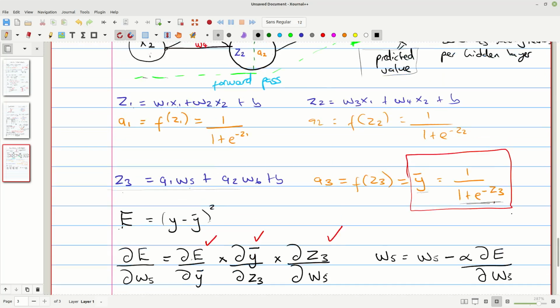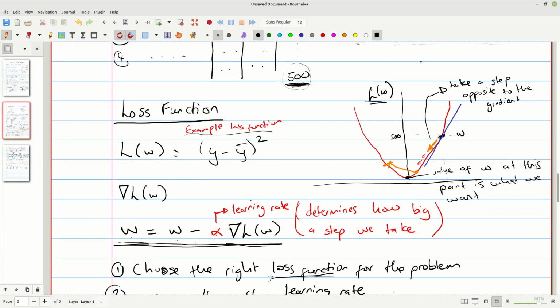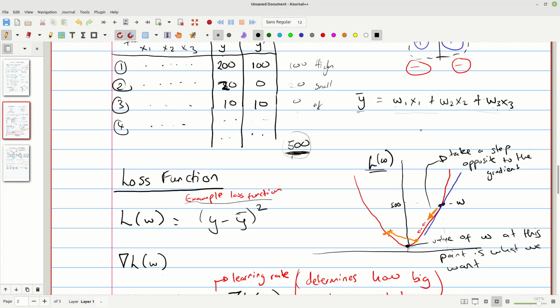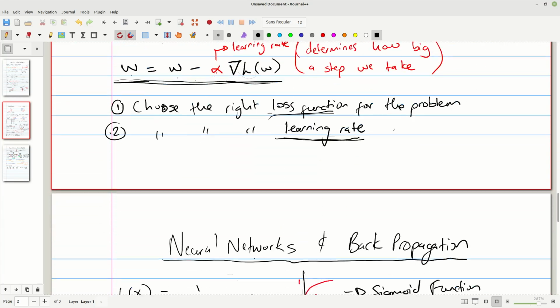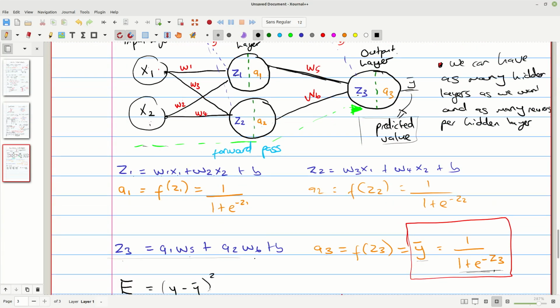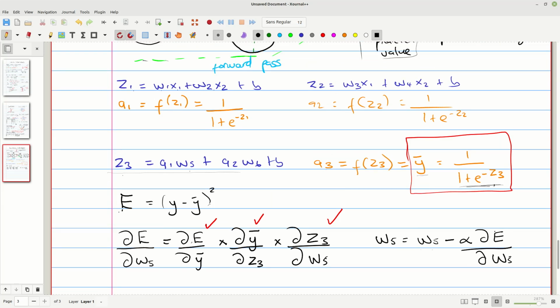The same way when we were dealing with our simple case, where we just had one neuron, we were saying that w is equal to w minus alpha times the gradient. We are applying the same logic here: w5 is equal to w5 minus alpha times the gradient, and this allows us to do our update here. Okay.